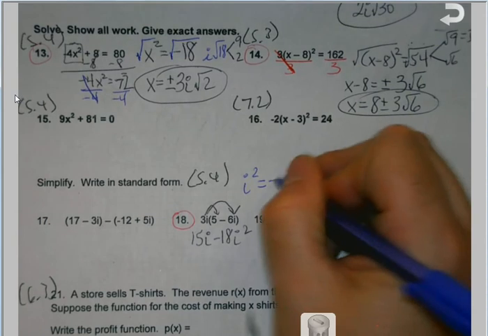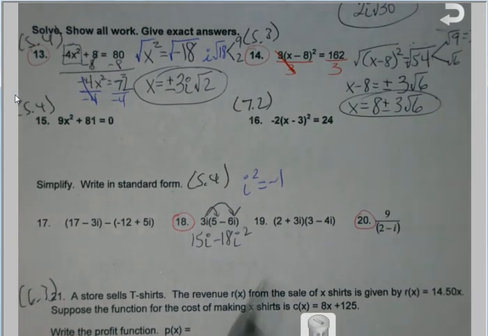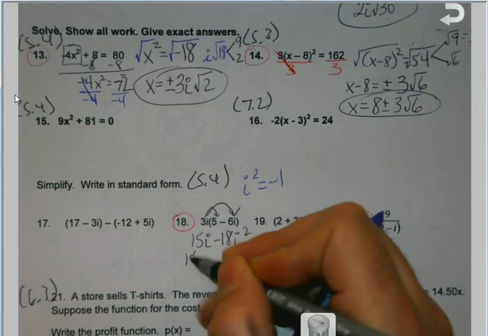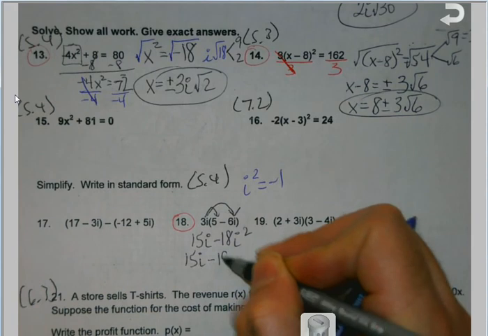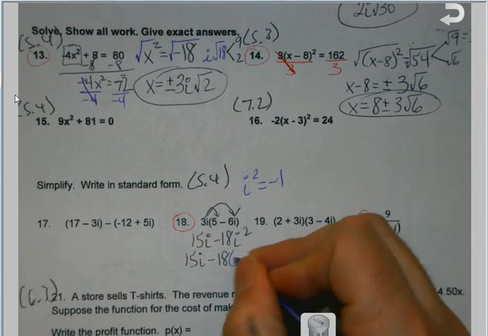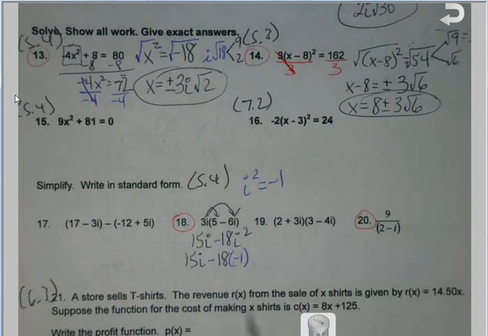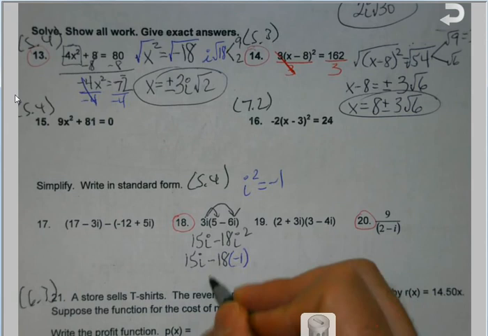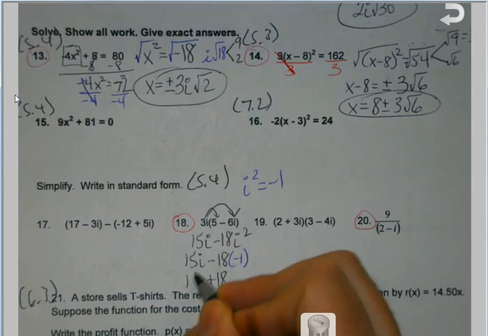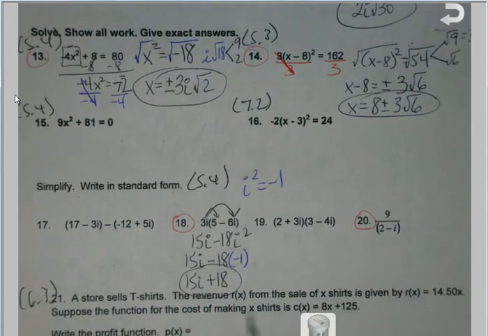Negative 1. So this is really, if I can pick up my pen, I'm going to replace the i squared with a negative 1. Negative times negative is positive. And I'm simplified. Okay? You can have i's in your solutions as long as they're not in the denominator.